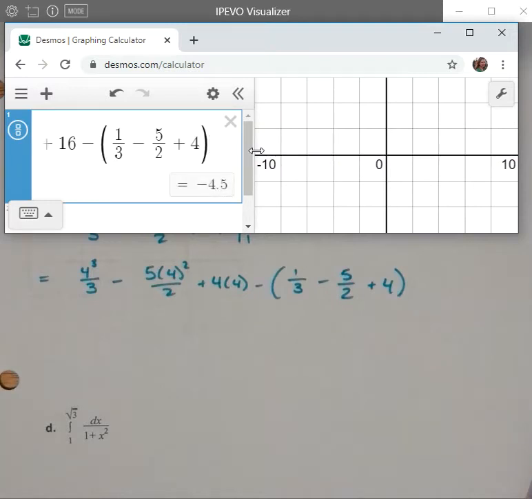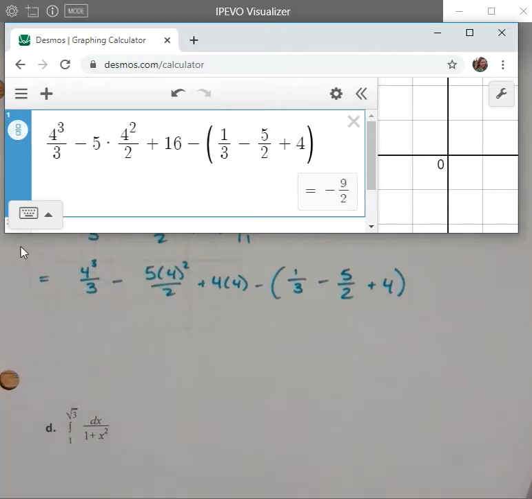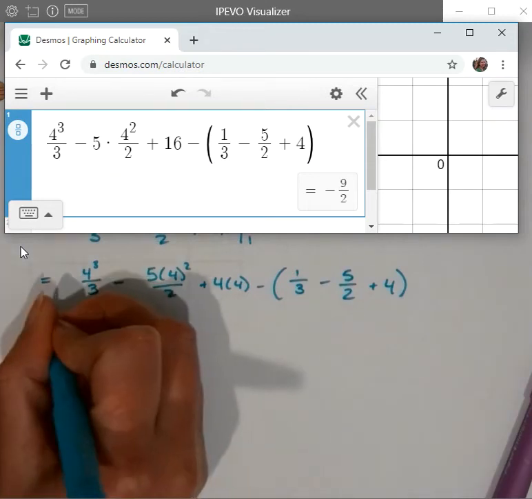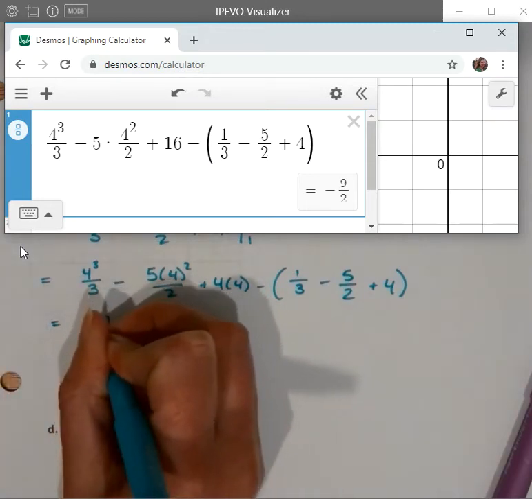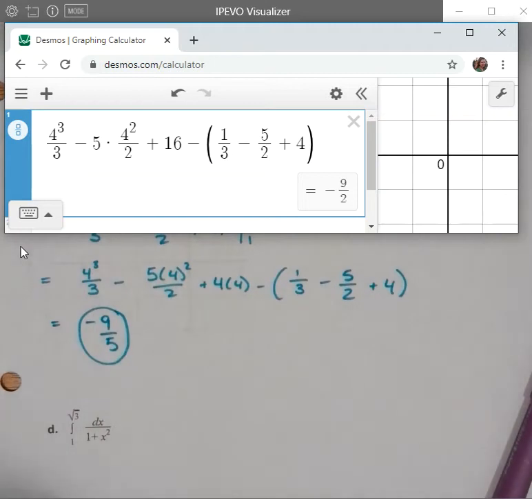Okay, so I should be able to stretch this out so I can see a little bit more of what I've typed there and verify that everything looks okay. And then if we want it in fraction form, we can get the fraction form of negative 9 halves for our answer. Negative 4.5 is fine since it was non-repeating, but the exact value, again, negative 4.5 or negative 9 halves.